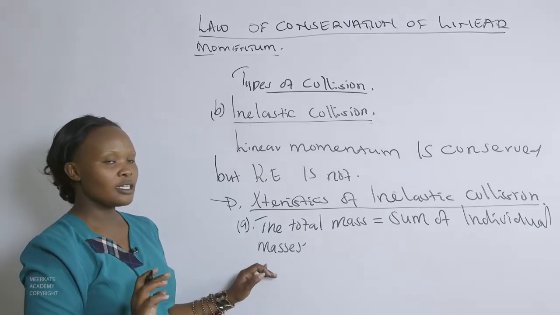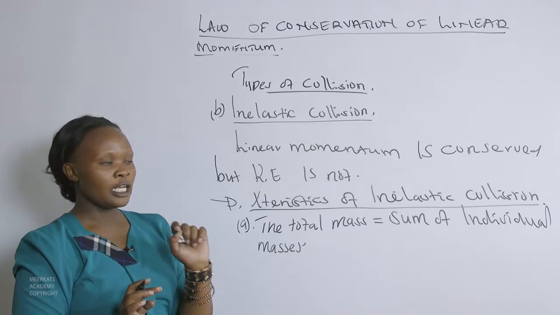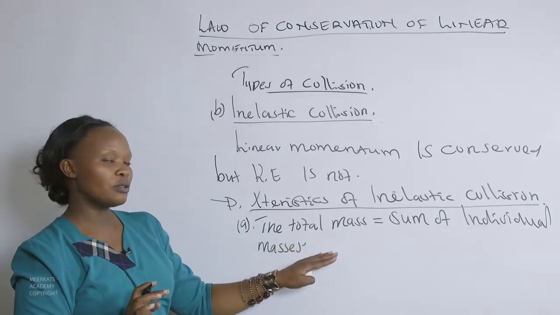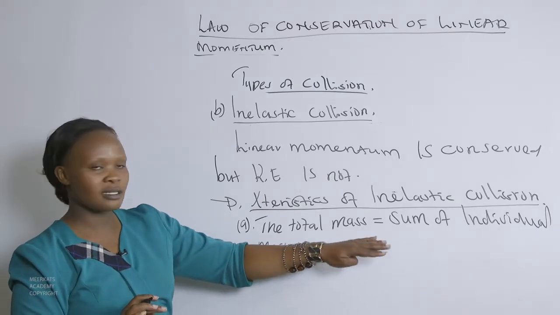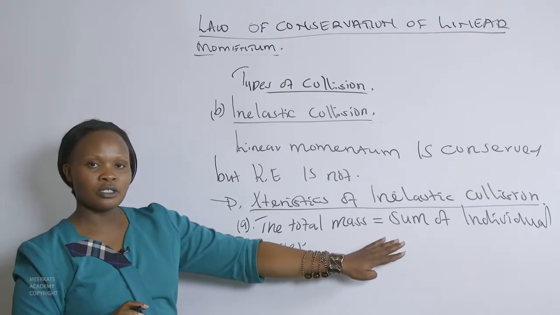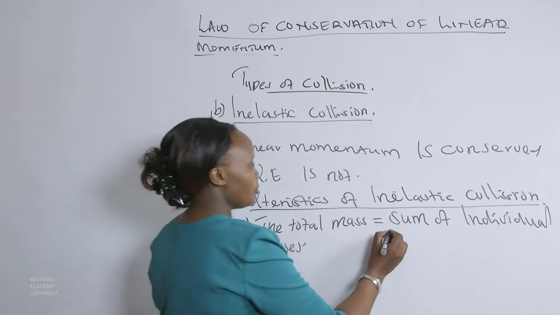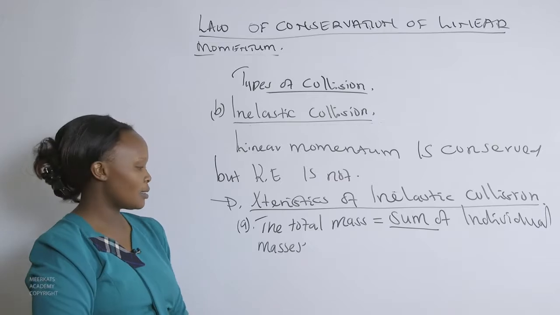Now that the bodies have fused, before collision, bodies were very independent, but after collision, they have merged to move together as a unit. Therefore, the mass after collision is going to be considered to be the sum of individual masses.